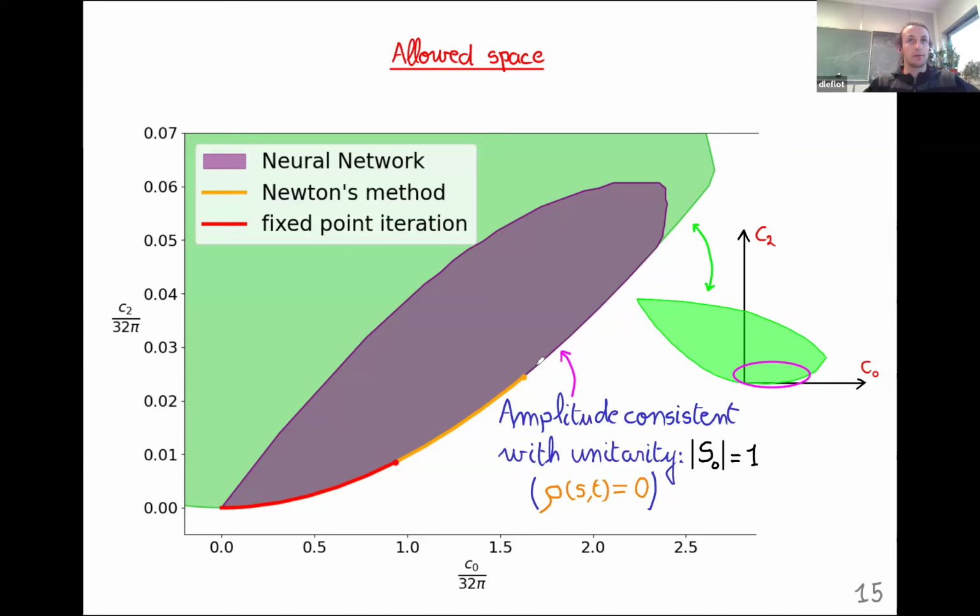If you start from the neural network, Newton's method can converge. It seems random, the area where Newton's method converges when you start from the neural network. But still, you are lacking a huge piece of the allowed space.